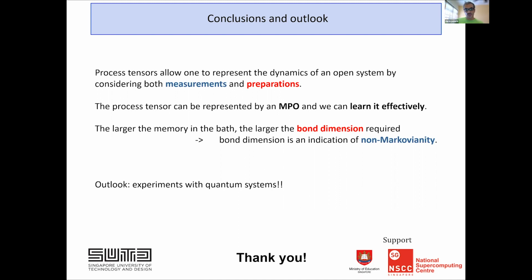So it's quite natural to think of using an MPO-based machine learning algorithm to learn it effectively. And this MPO can tell you a lot about the properties of the process. In particular, by looking at the bond dimension, it can indicate how non-Markovian the process is.